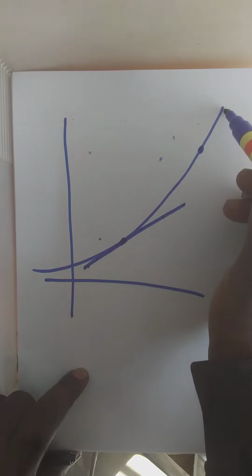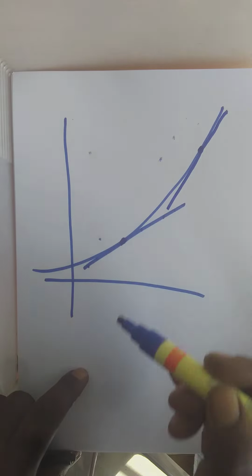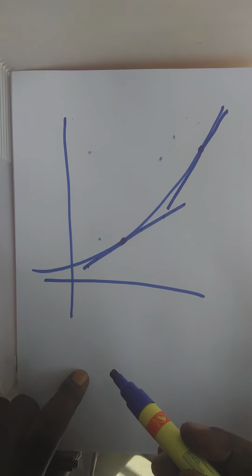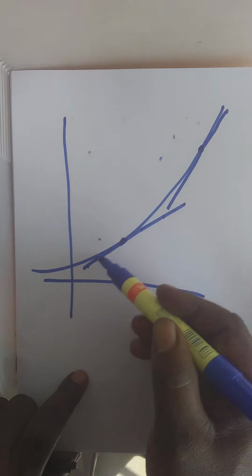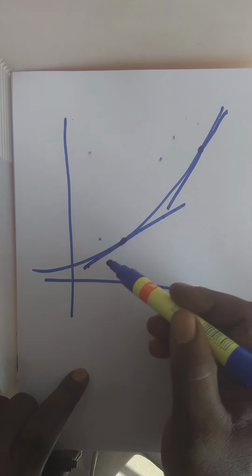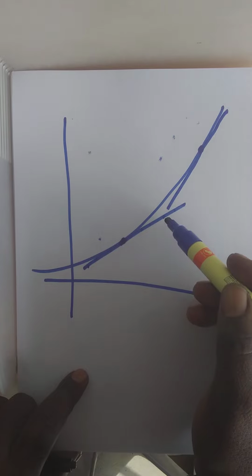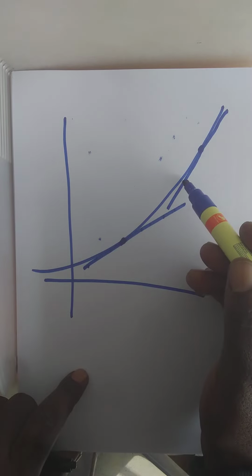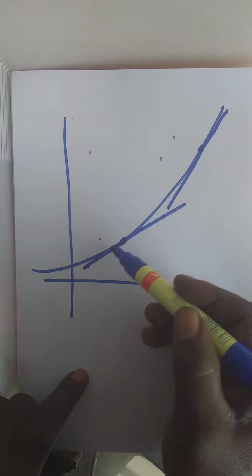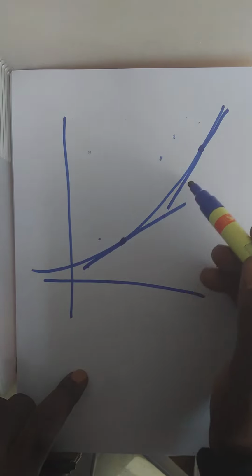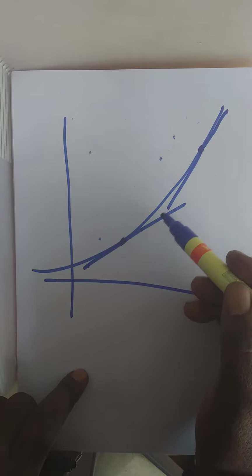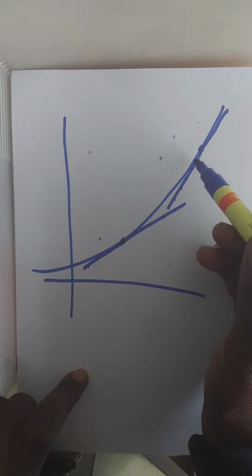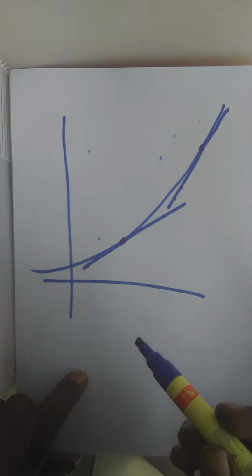At this point, you can see the gradient of this tangent surely will not be the same as that one. Since the tangent is much steeper than this one, their gradients will not be the same. As I move along the tangent, the gradient is not going to change.